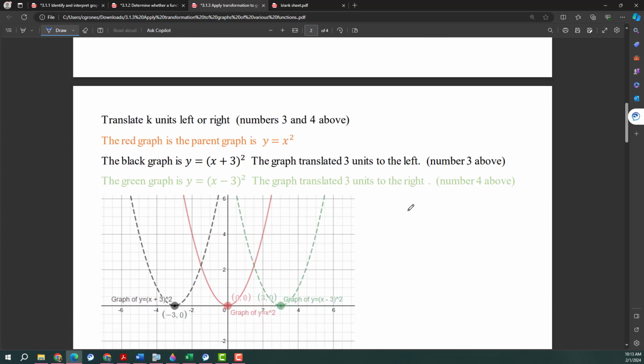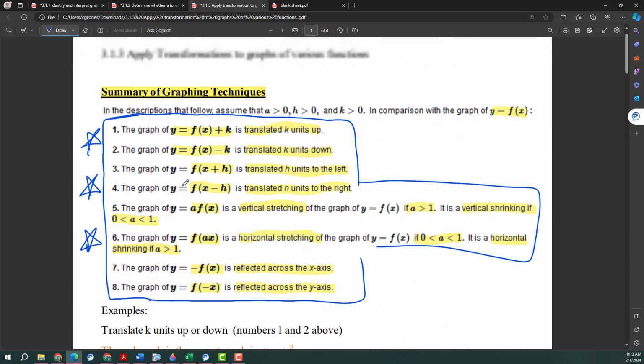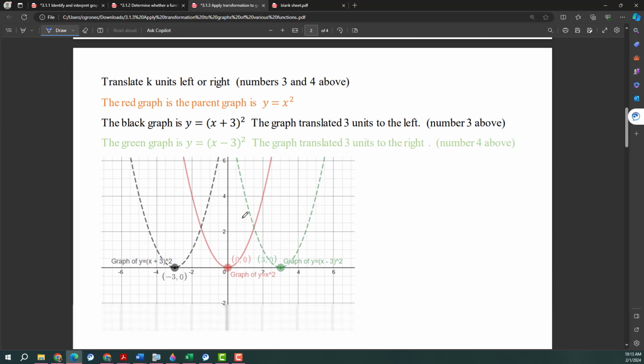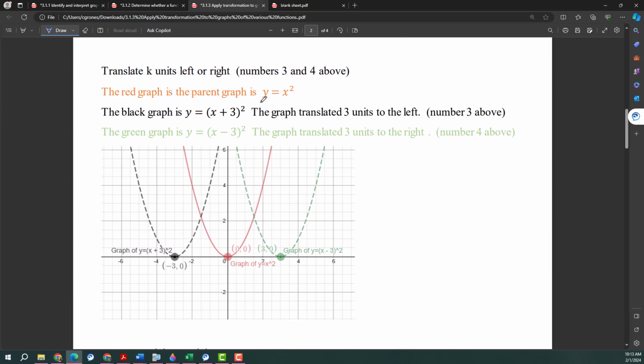These are working with numbers 3 and 4 above, and this is whenever you have f of x plus h or minus h, so in the parentheses. We start off with y equals x squared, and that's the red graph, and we have our point on the origin.